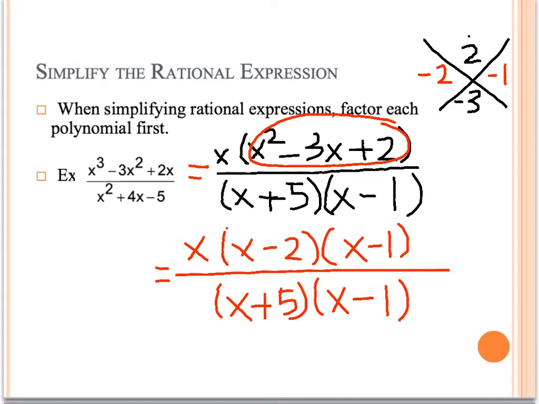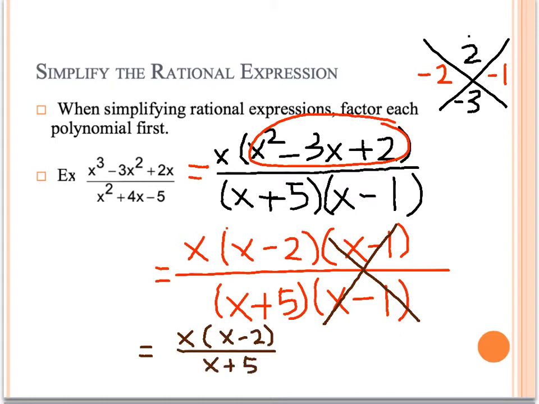So those two factors, because they're equal to 1, we can get rid of them. And now these other things just get written down for our answer. So x times the quantity x minus 2 all over x plus 5 is the simplest form of the rational expression we began with. So I'm going to box my answer.